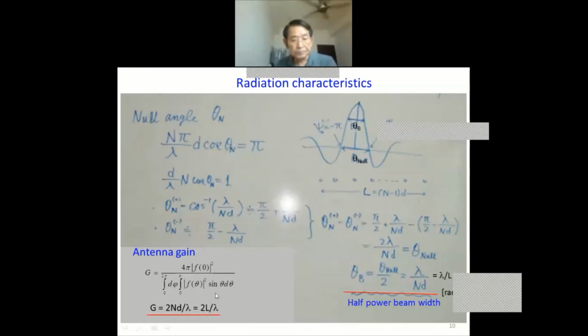So a very simple expression is obtained for gain. So two important radiation parameters: half power beam width and antenna gain.